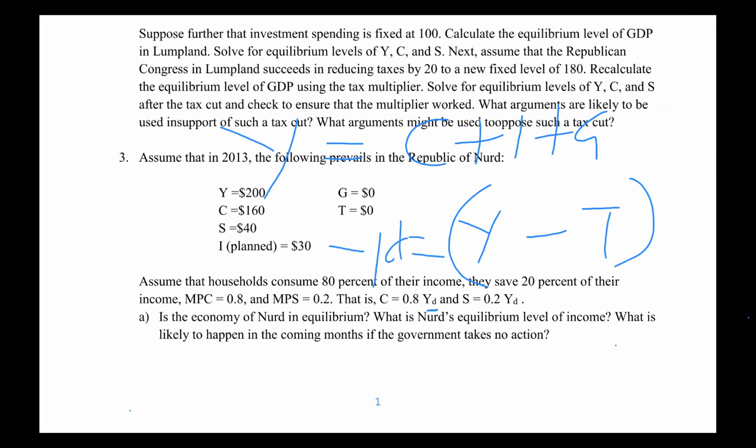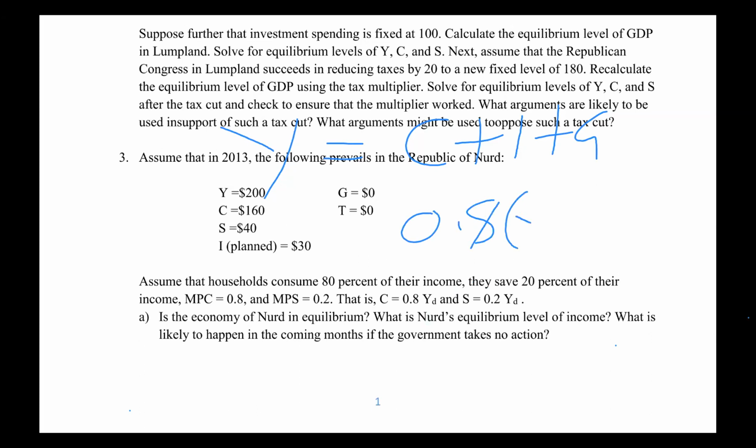It is called the disposable income, the income that remains when you remove taxes. So your consumption is 0.80 times Y minus taxes, plus I plus G. This should be equal to Y.